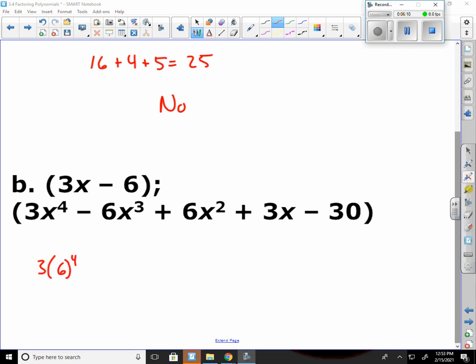Jump down here, flip my sign, becomes a positive 6. 3 times 6 to the 4th minus 6 times 6 to the 3rd plus 6 times 6 squared plus 3 times 6 minus 30. Plus 6 to the 4th is going to give me 1296 times 3 gives me 3,888.